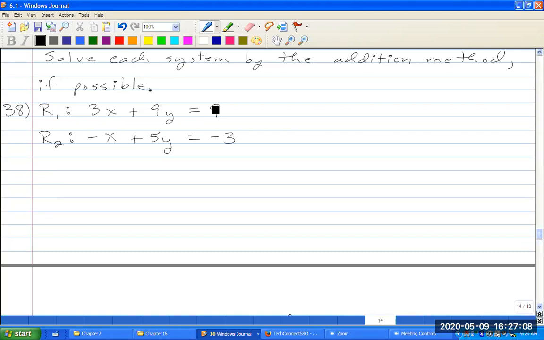In this case, notice I have a 3 and a -1, a 9 and a 5. The least common multiple of 9 and 5 is much bigger than the least common multiple of 1 and 3. So let's try to eliminate x.